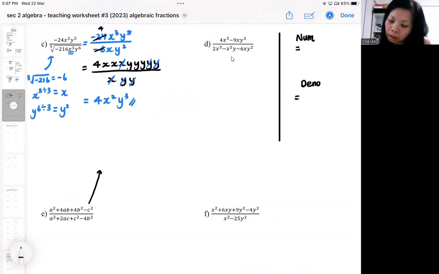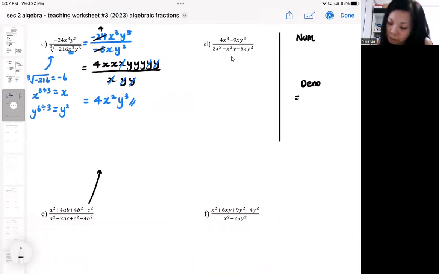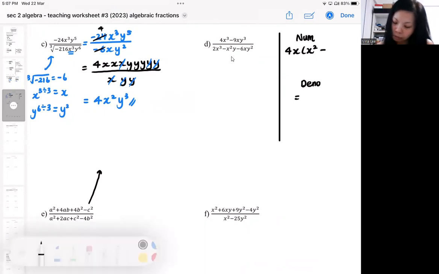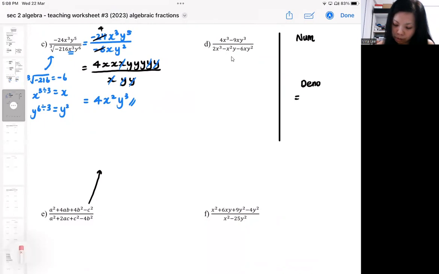For the numerator, take out the common factor. In this case, sorry, x is the common factor, not 4x. So x is the common factor.